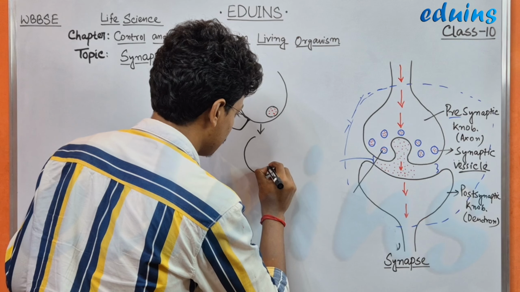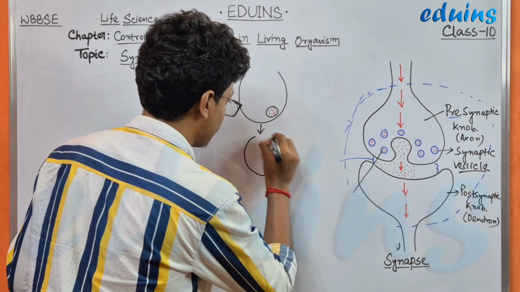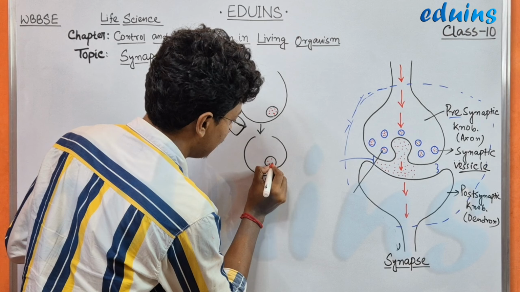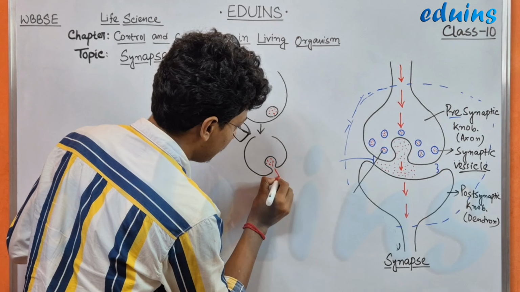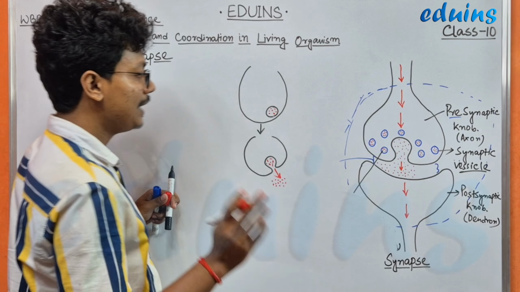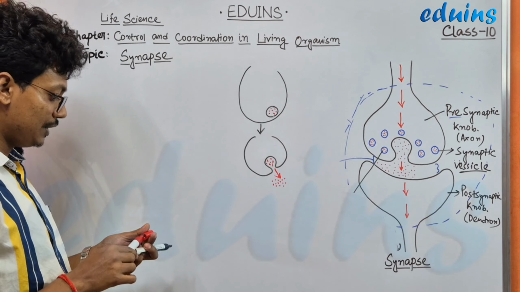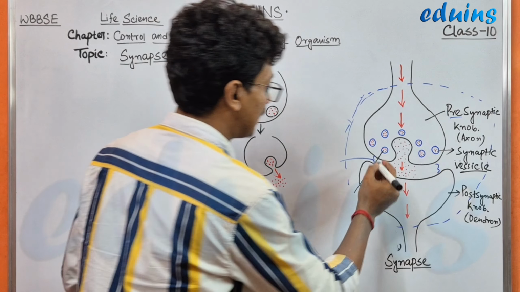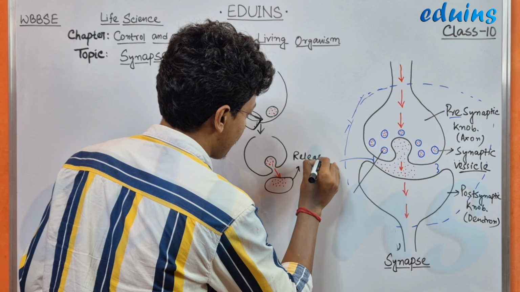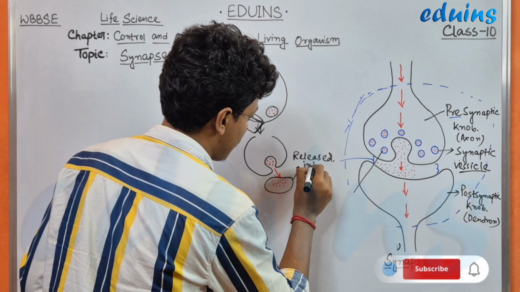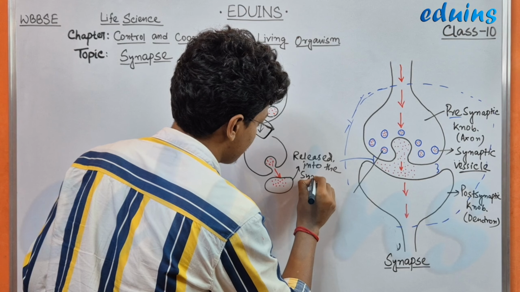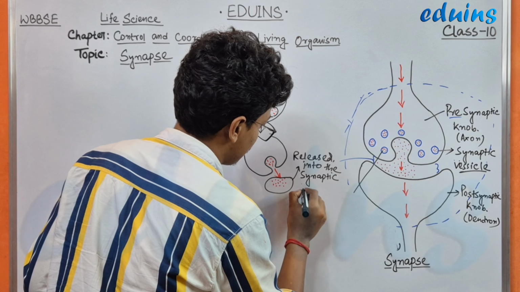It fuses like this, and it releases its chemical, the neurotransmitter, into the junction or gap between the pre and post synaptic nerve, which is known as the synaptic cleft.